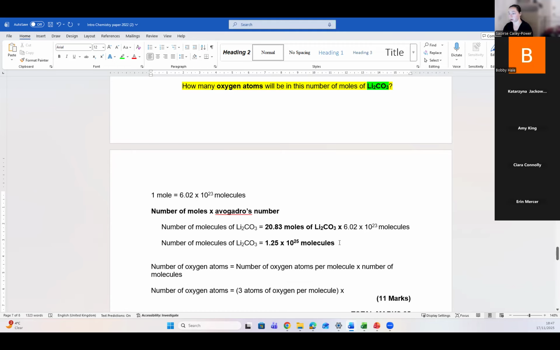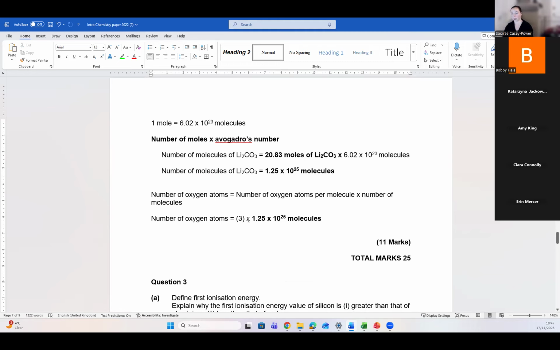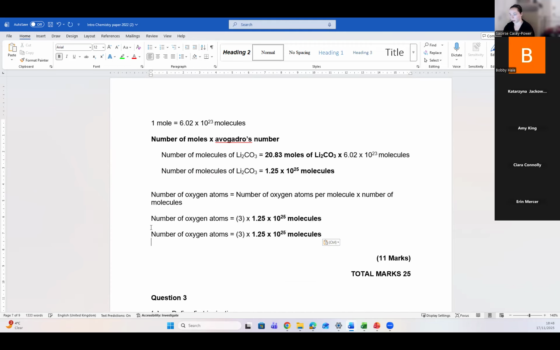And then I've already worked out the number of molecules is this number here, say 1.25 by 10 to the power 25. Okay, so you'll find that you just need to multiply that number by 3. So 3 on each molecule, and then multiply it by the number of molecules. So in that case, it would be 3.75 by 10 to 24.